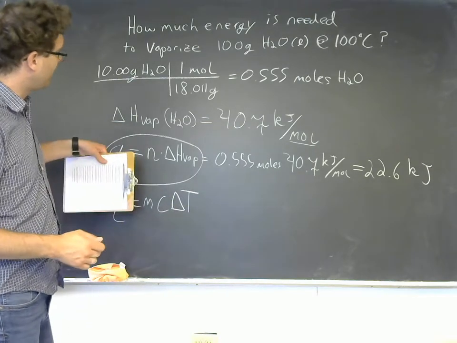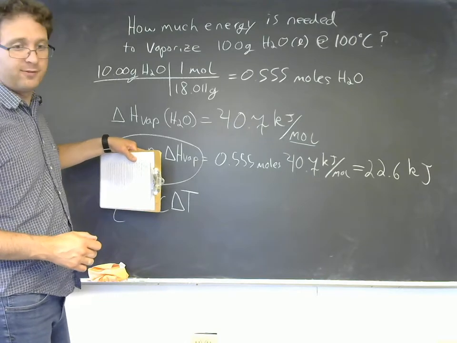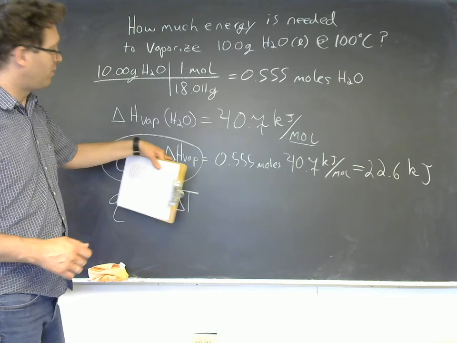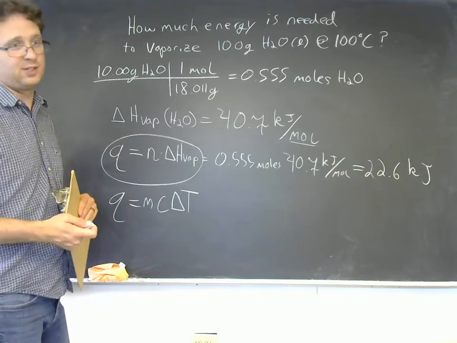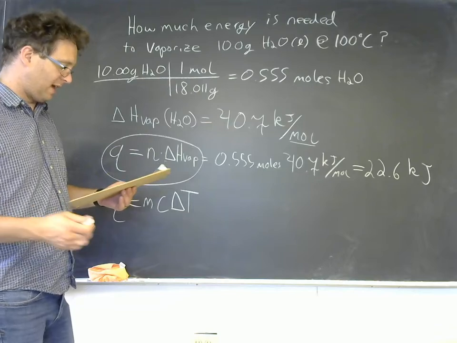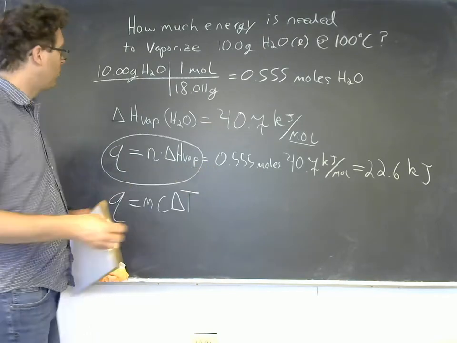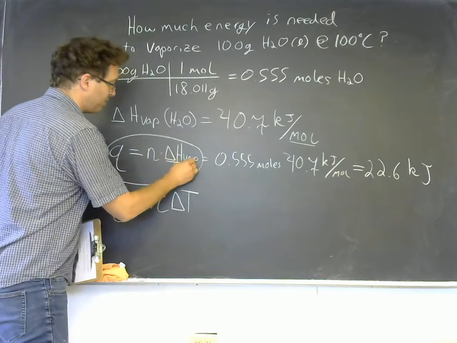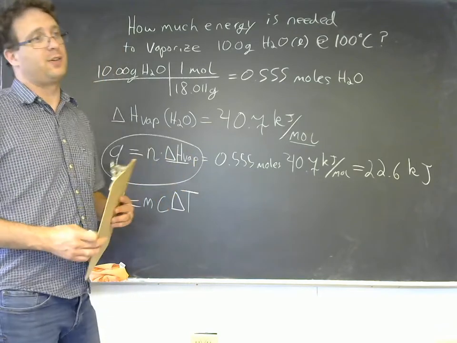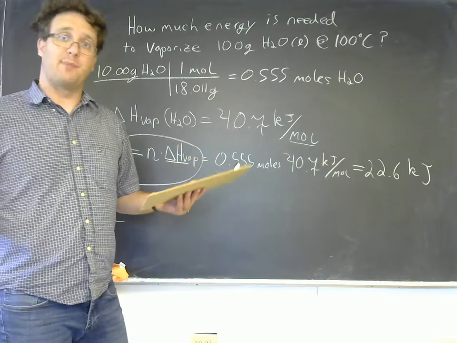Here we have the heat of transition change is equal to the number of moles times the enthalpy of that transition. And I also want to point out that table 12.3 will give enthalpy of vaporization and fusion and sublimation values on a per gram basis.